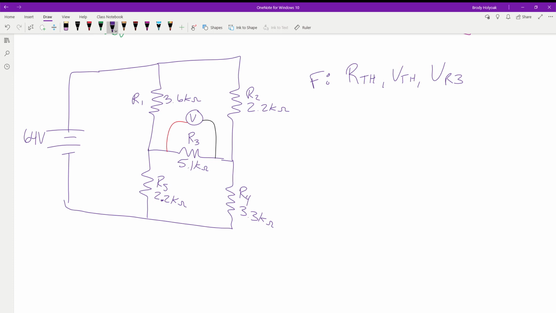Take out the resistor that we're looking for. So in this case, we're going to remove R3. And then we're going to solve for our V Thevenin and our R Thevenin. Now, one of the cool things about this is we have to look and analyze the circuit. How are we going to find what that voltage between A and B is?